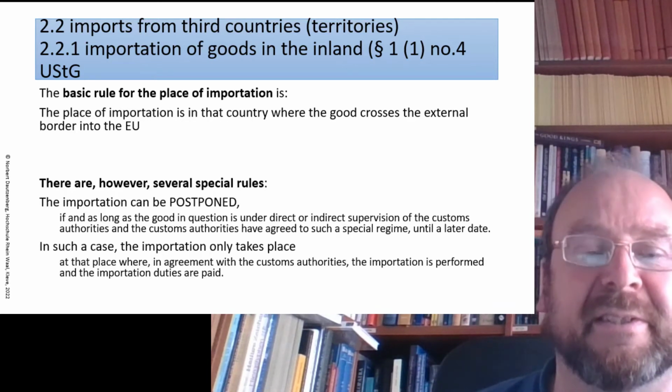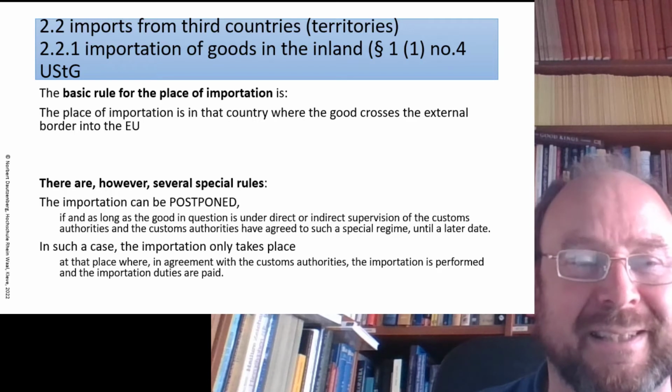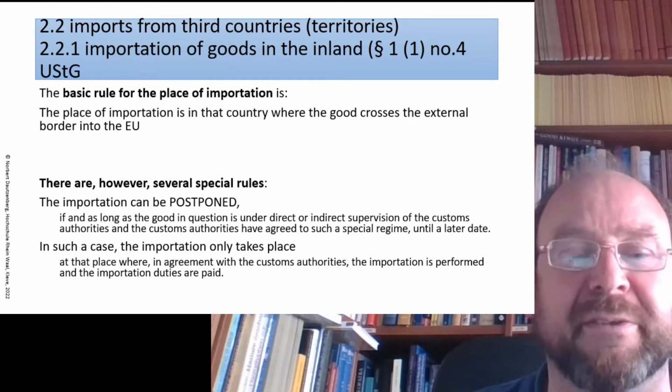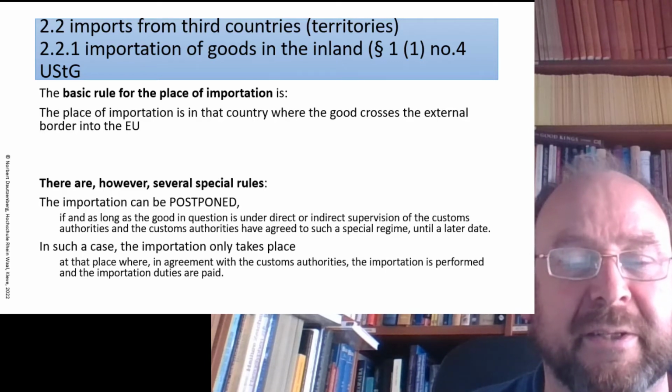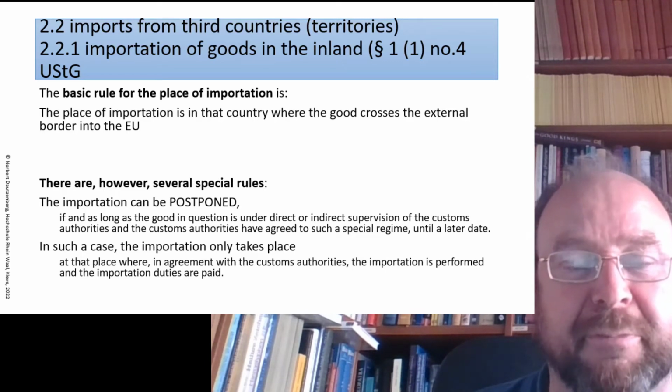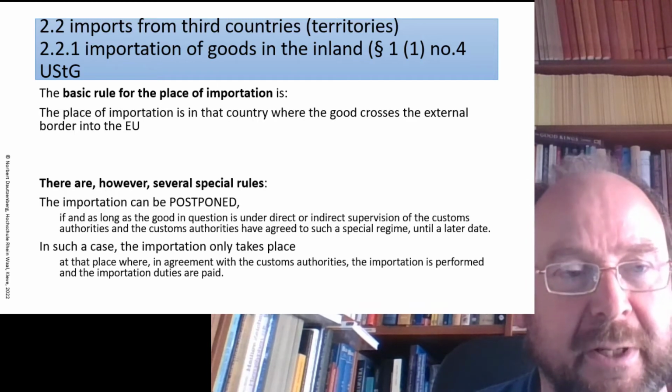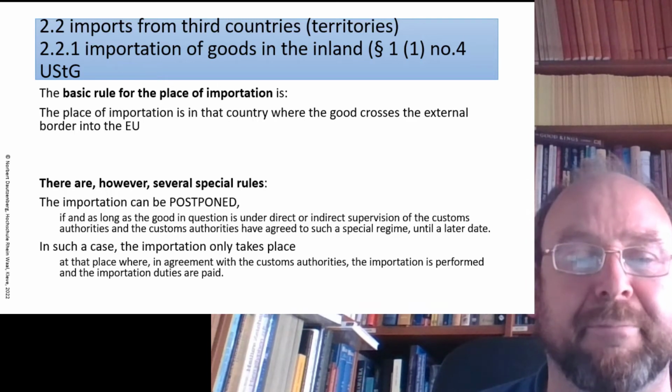In such a case, the importation only takes place at that place where, in agreement to what you fix with the customs authorities, the importation is performed and the importation duties are paid, so the customs duties. So that happens at the same time.